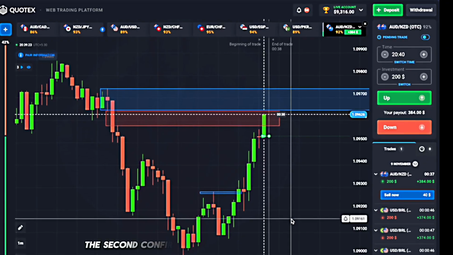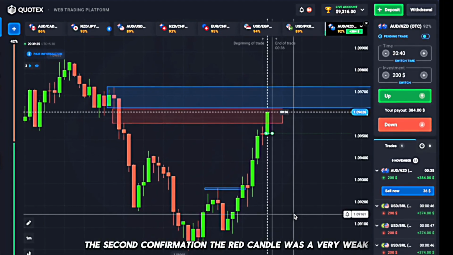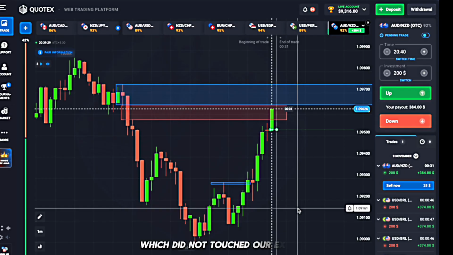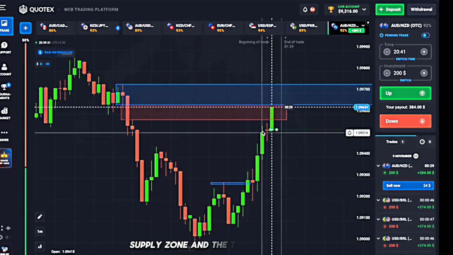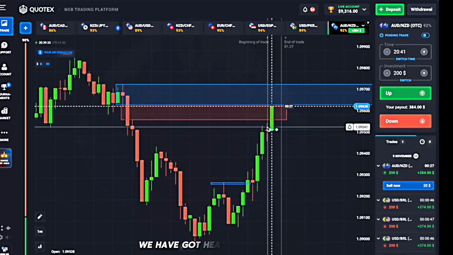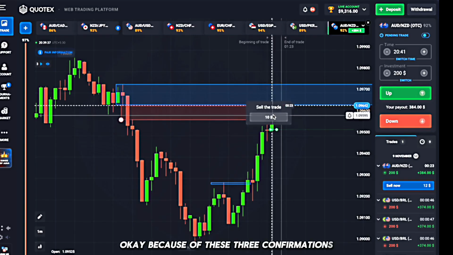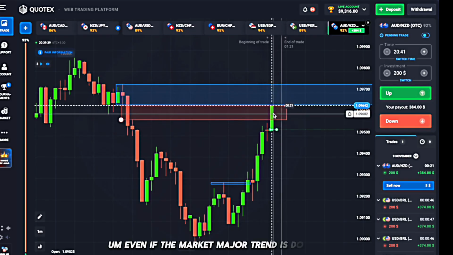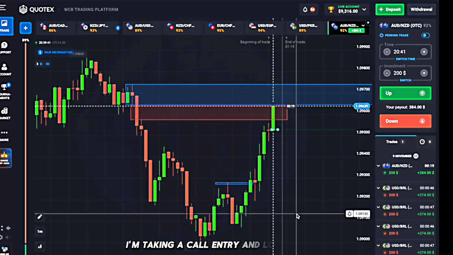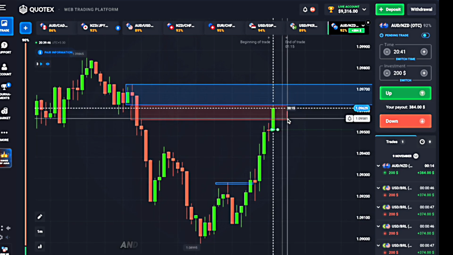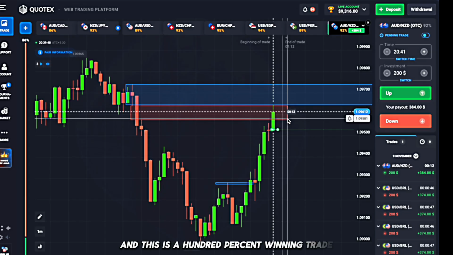The second confirmation, the red candle was a very weak bearish candle which did not touch our extreme supply zone. And the third confirmation, we have got healthy green candles. Because of these 3 confirmations, even if the market major trend is downtrend, I'm taking a call entry, and look at that. This is a beautiful trade. This is a very strong trade setup, and this is a 100% winning trade.